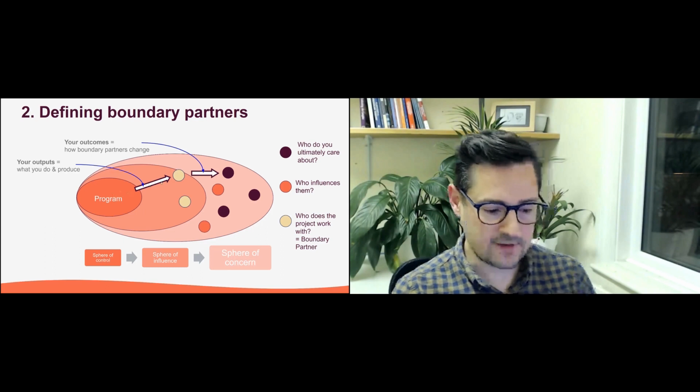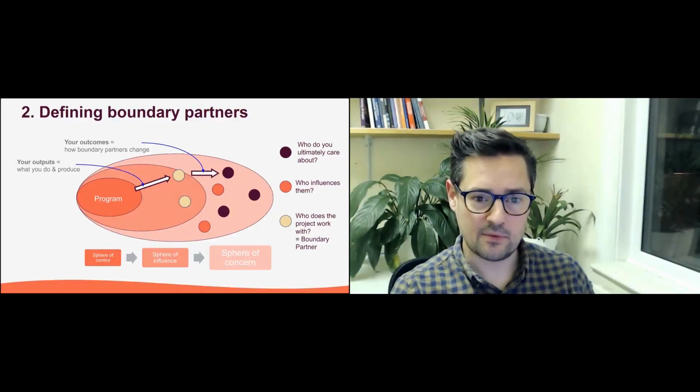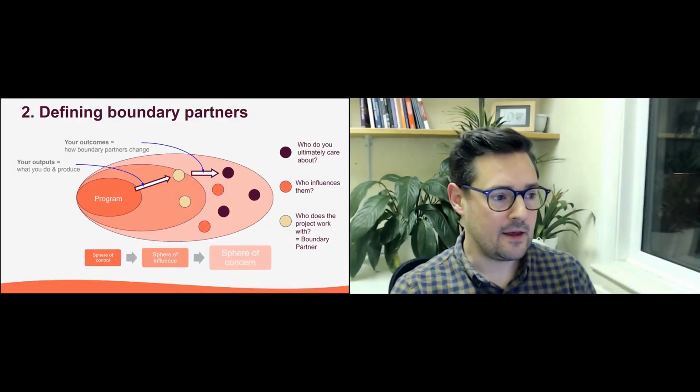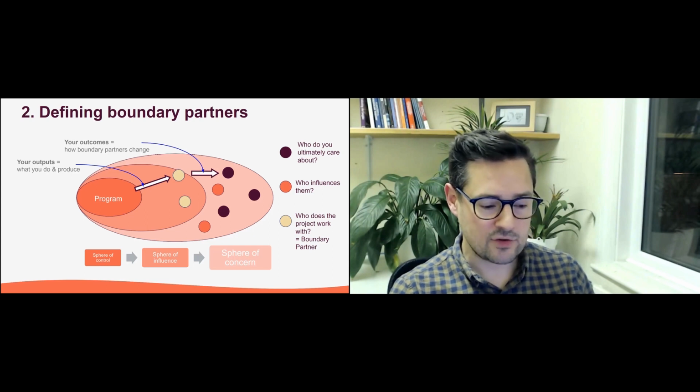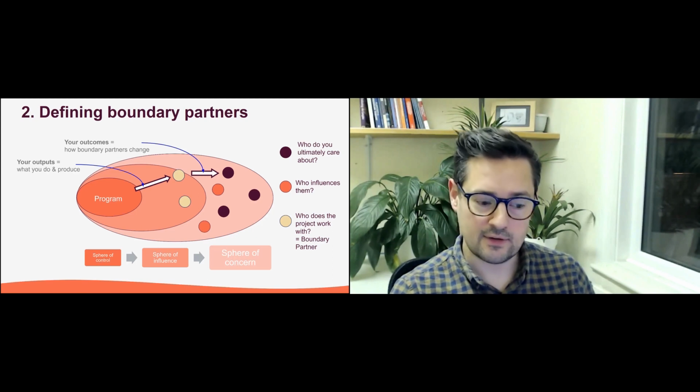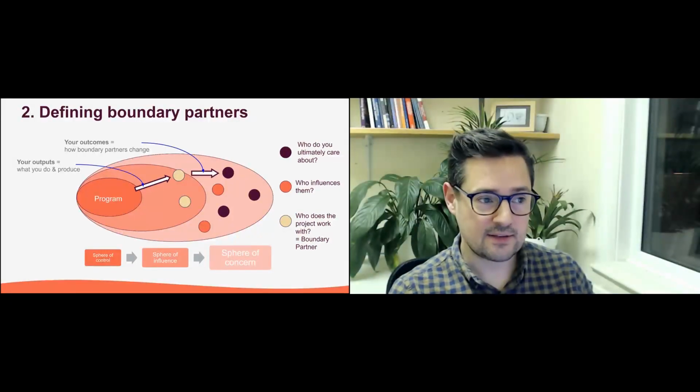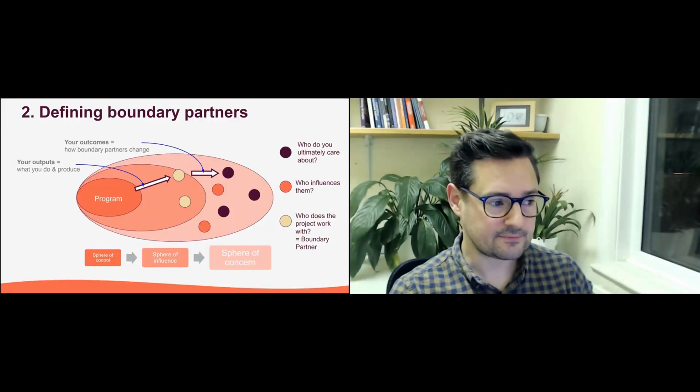So you can start to see this as a bit of a systems map that we're building up here. This is how we define boundary partners. It's those that are on the boundary between your influence and your sphere of concern, and they're the ones upon which success ultimately lies.